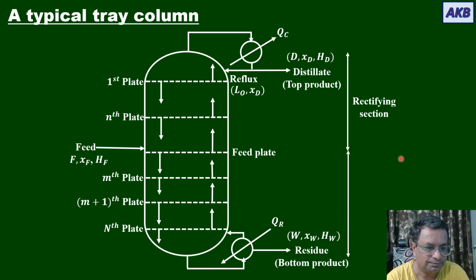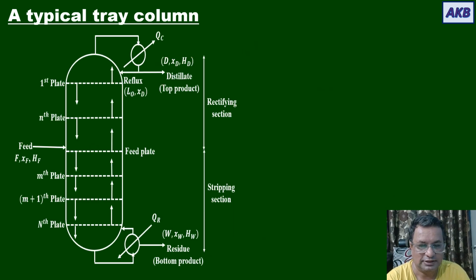Then the section below the feed plate is the stripping section. Again, why it is called the stripping section, I have discussed in that video. Please watch that video. So this is the typical tray column.